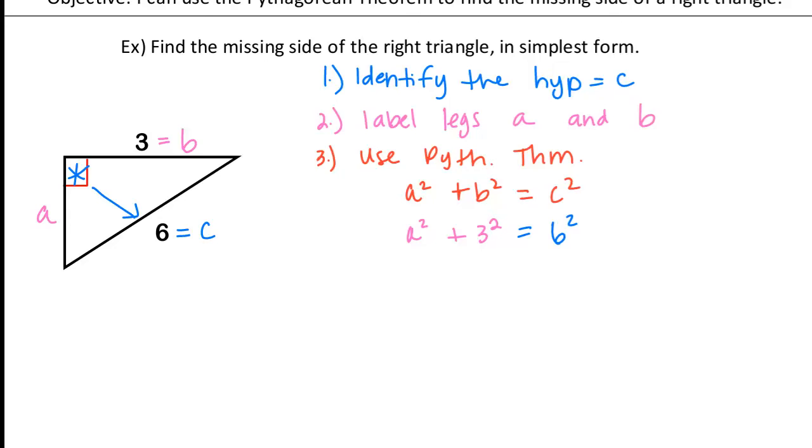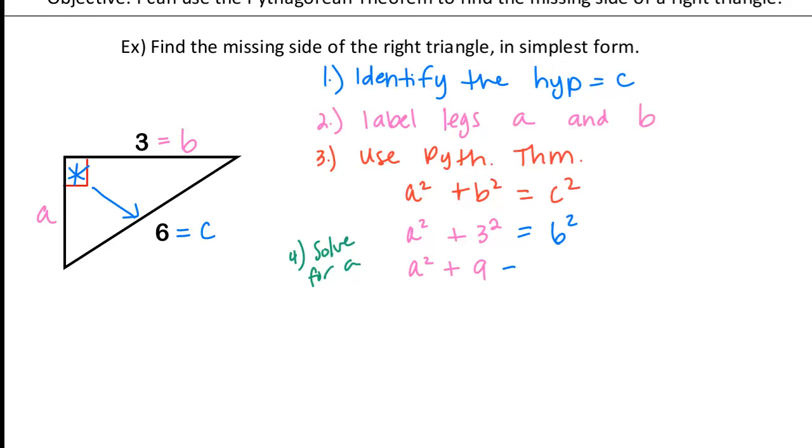Then our step 4 is to solve for A, or really solve for the missing side. Whatever side is missing, you solve for it. In this case, I'm missing A, so I'm solving for A. So I have this A squared plus, what's 3 squared? 9. Thank you.